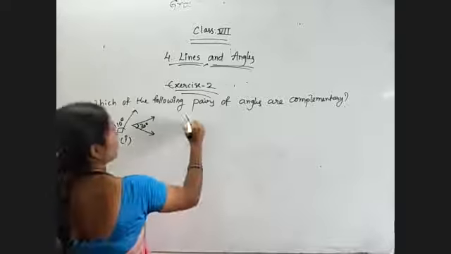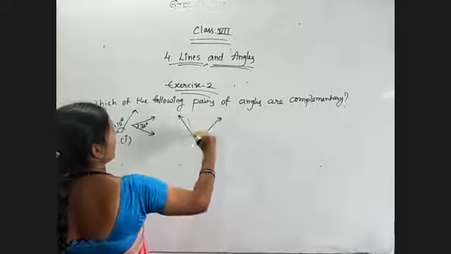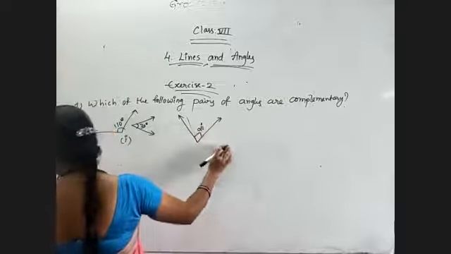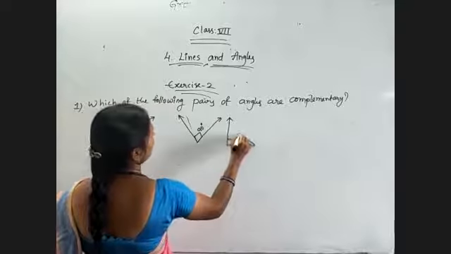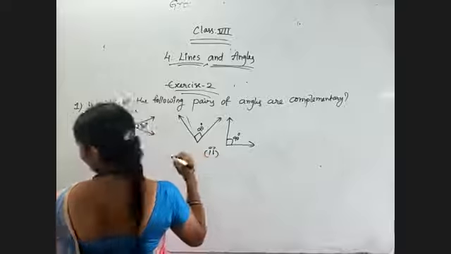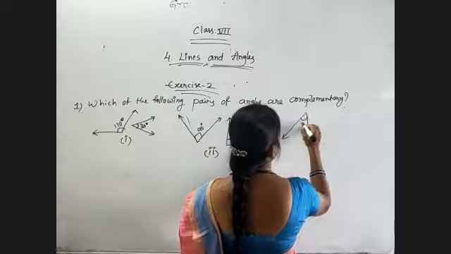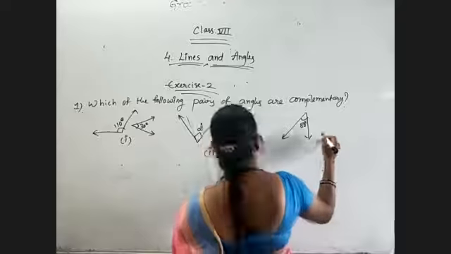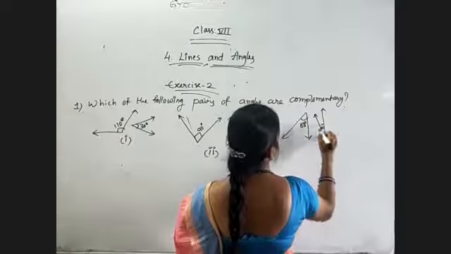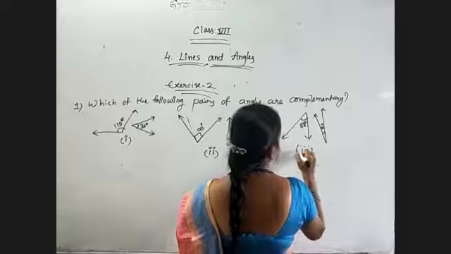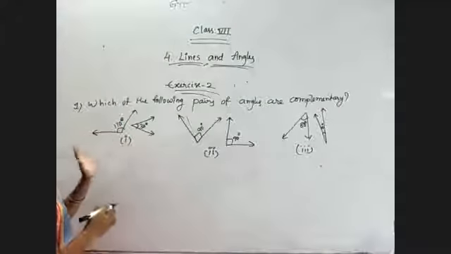Secondly, 90 degrees and 90 degrees. The third question is, like this, three questions are given. Pairs of angles, two angles, one question.